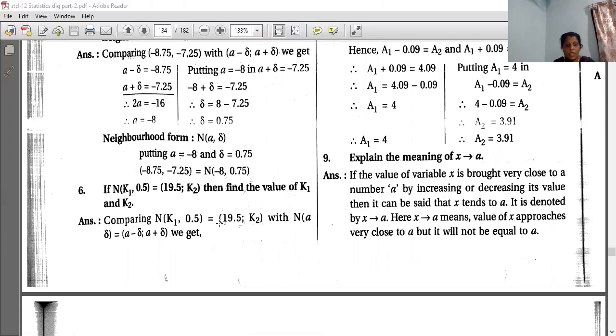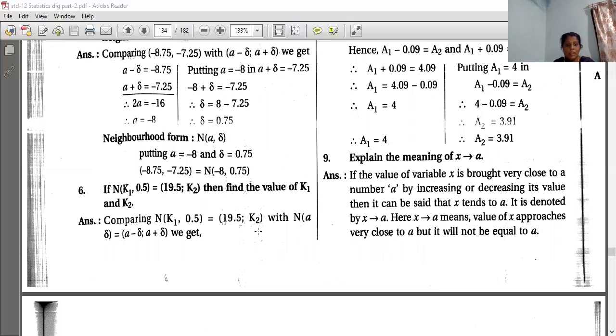See, what you have to take here, a minus delta equal to 19.5, right? And here the value of a is k1 and delta is 0.5. So you have to put the values. A is k1, so k1 minus 0.5 equal to 19.5. You will be getting the value of k1.